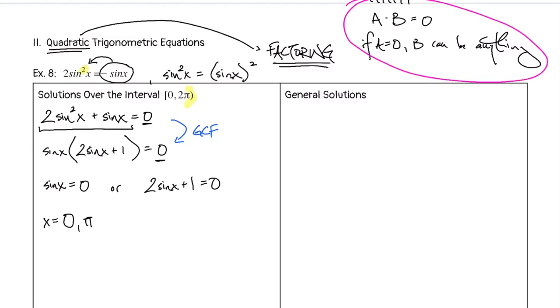That means we're not including 2 pi in our answer. So it's like we're going from 0 to like 359.999999999 degrees. Okay, so we're going to go with 0 and pi, though your answer would be correct in like a general solution. Okay, so 0 and pi, I only have one x. It's not like 2x, so I don't have to do any of the stuff I did in problem 6 and 7. Okay, now how do I get sine x isolated in the second part?